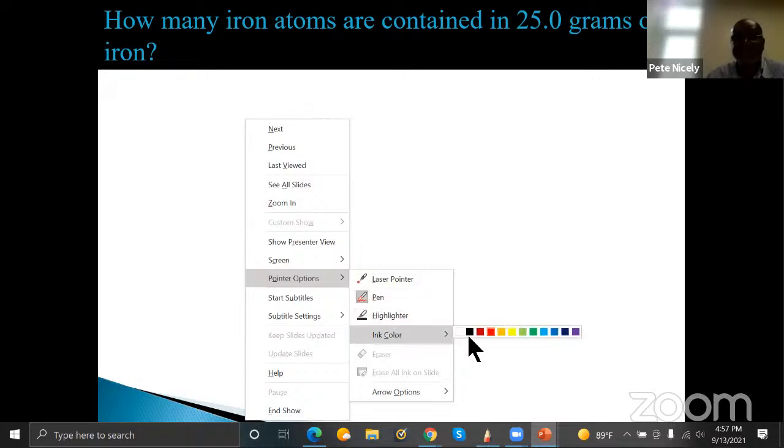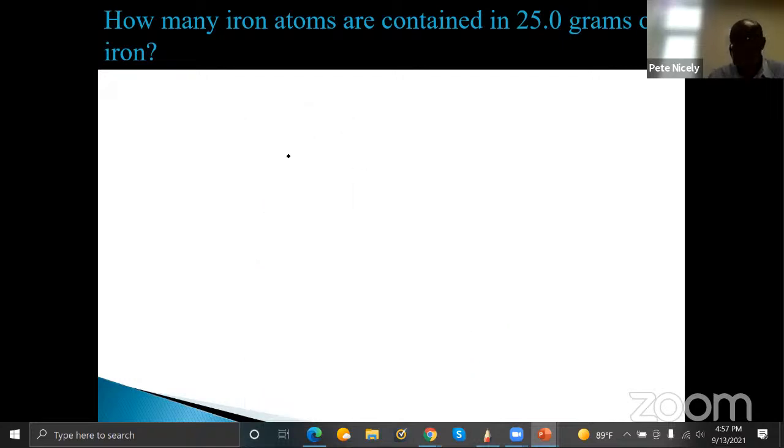I think this might be a bit clearer. So what I'm going to do is start with the grams of iron and then convert it to moles of iron. And then convert that to atoms of iron, or iron atoms, all right?